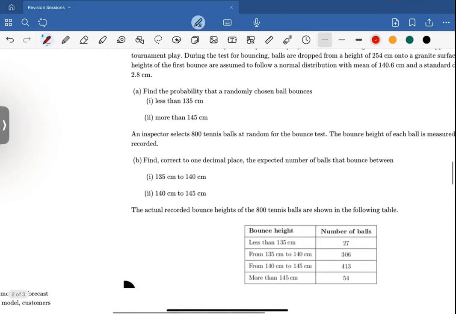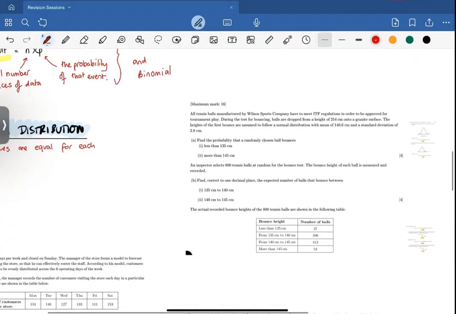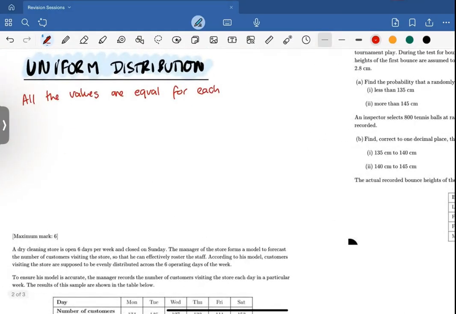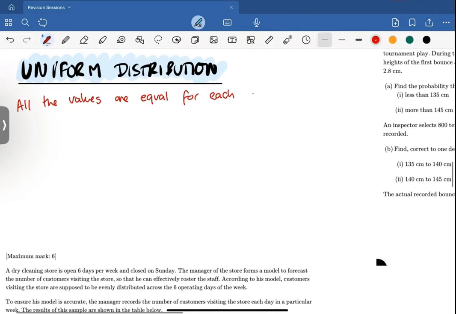What else have we got? Day of the week, it could be months of the year, it could be years. For each category. So they are all the same, all the values are equal.